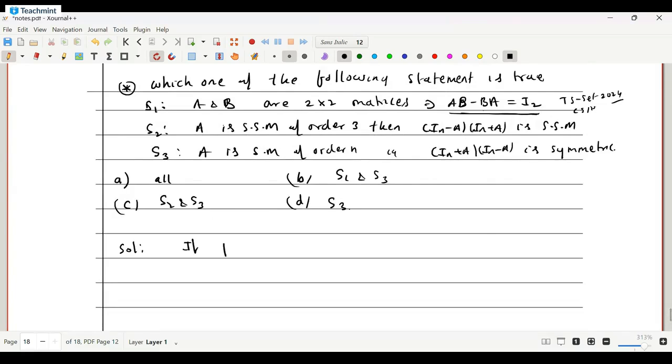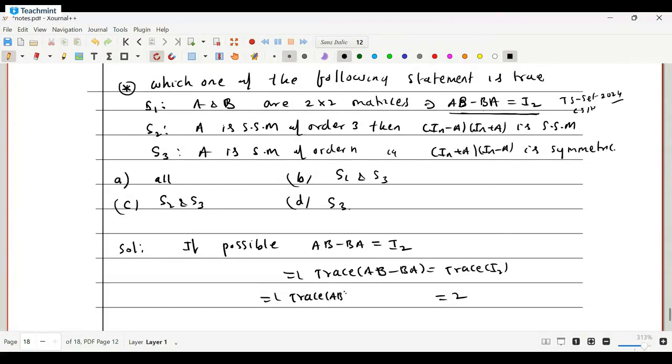Suppose, if possible, assume that AB minus BA is equal to I2. So that means, assume that the trace of AB minus BA is equal to trace of I2. So trace of I2 is 2, but trace of A plus B is equal to trace of A plus trace of B, which is equal to trace of AB minus trace of BA.